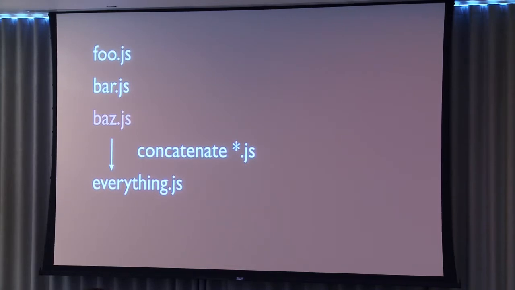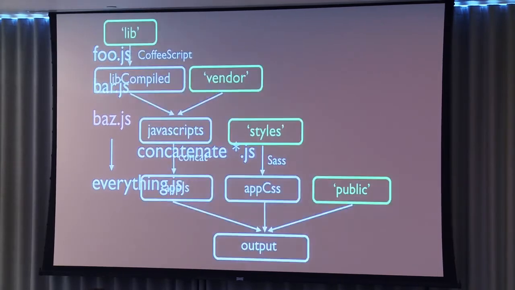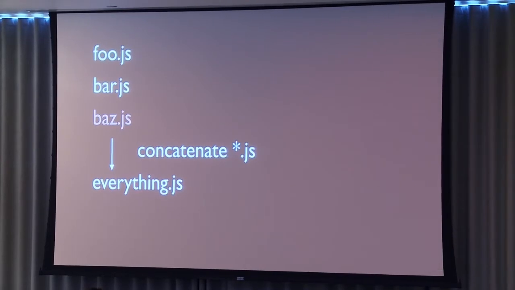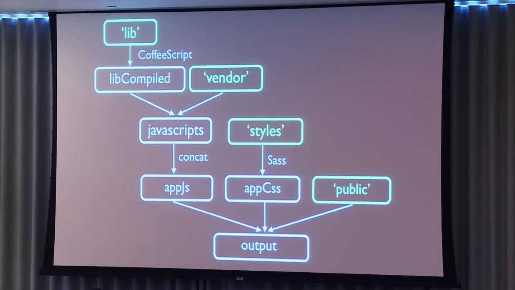So what Broccoli does instead is it turns this approach on its head. Rather than figuring out whether output files are up to date, whenever any input file changes, it reruns the whole build process, everything. So when one file in any of these directories changes, it's going to rebuild everything.